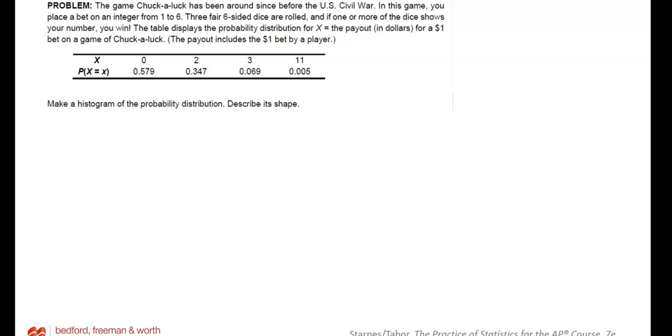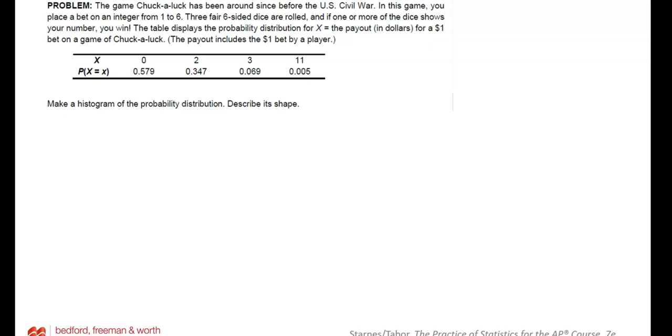The table displays the probability distribution for X, the payout for a $1 bet of Chuck-a-Luck. So the probability of X is 0, sometimes you get no numbers the same. I'm still confused on what X is. X is the payout. Oh, X is the payout.